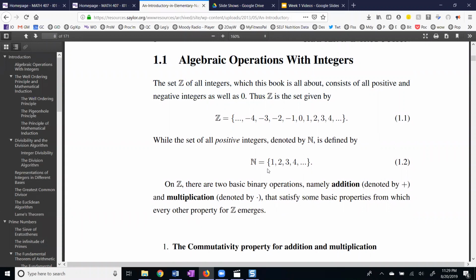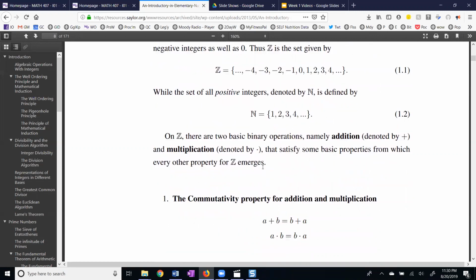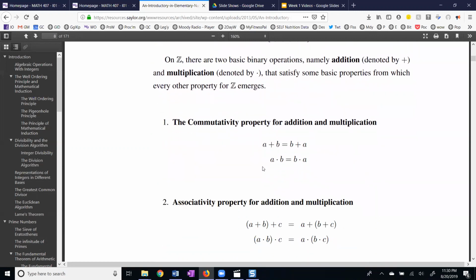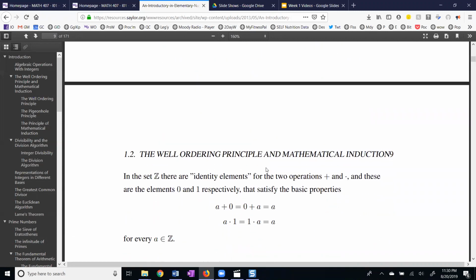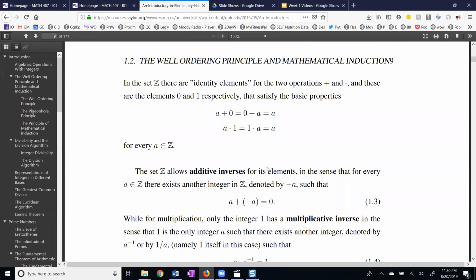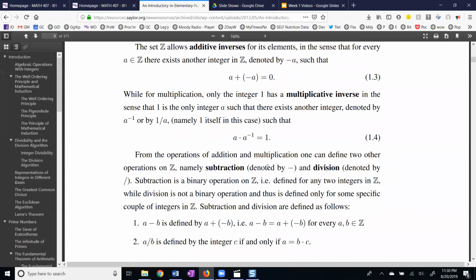The natural numbers are the counting numbers, and we use this symbol here, which is an N with a double bar through it. These are the counting numbers. Here in section 1.1, we also have the commutative properties, associative properties, very similar to our foldable. Here are the inverse properties.